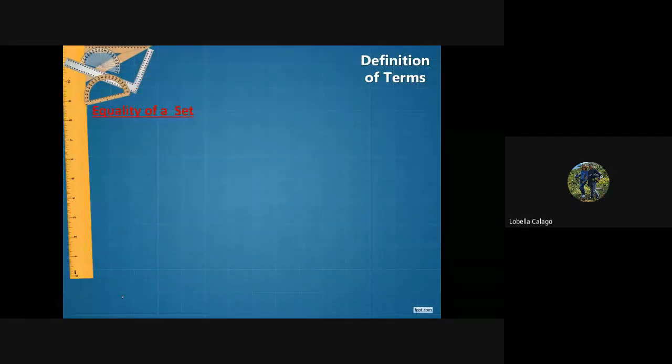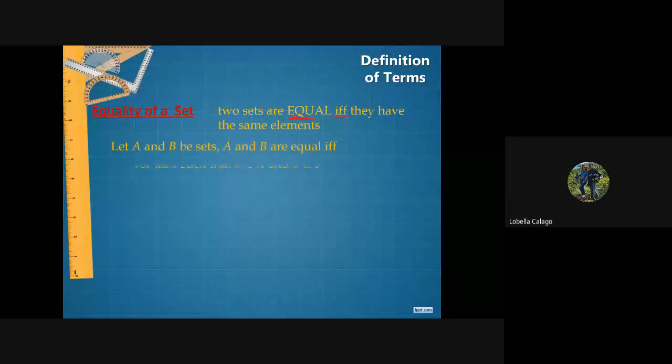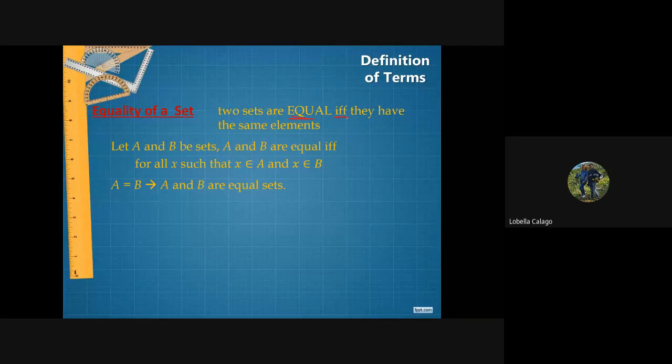Next, we have the equality of sets. Two sets are equal if and only if they have the same elements. Ano yan? Let A, B be sets. A and B are equal if and only if, so we all know what this is, if and only if for all x, x is an element of A if and only if x is an element of B. That is, A and B are equal sets.